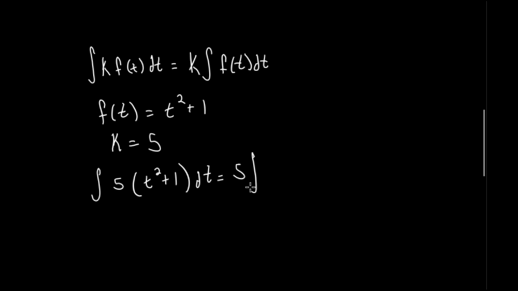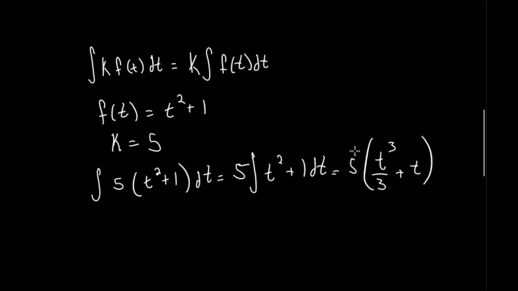Factor it out, and you're left with t squared plus 1 dt. And then the 5 will continue to follow, and then we antiderive. We'll get more in depth into the anti-power rule and how you can antiderive, but just understand that this will be distributed. So you get 5t cubed over 3 plus 5t plus c.